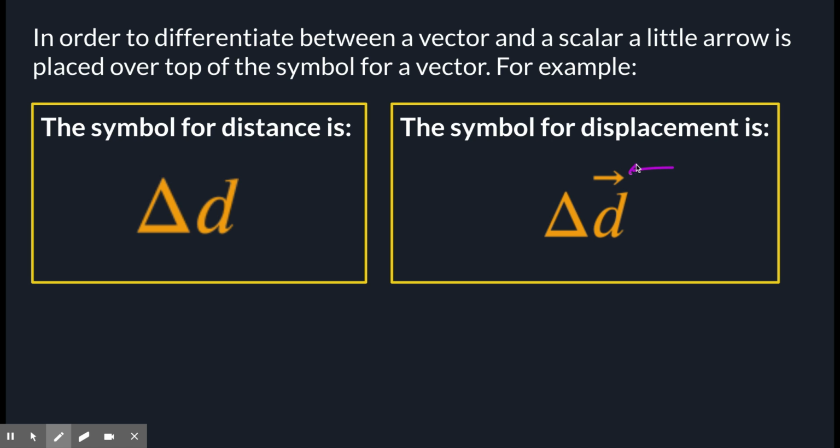This arrow is what tells us that it is a vector, and so therefore needs direction. So I couldn't get away with just saying 20 meters like I could over here. I would have to say 20 meters east.